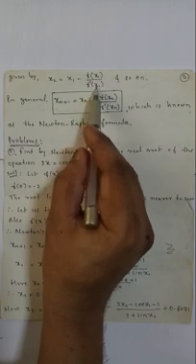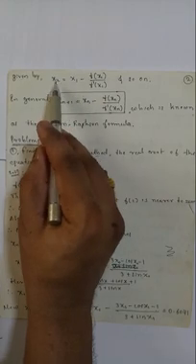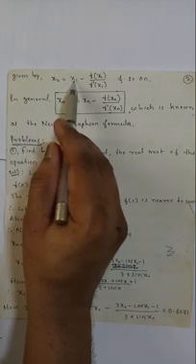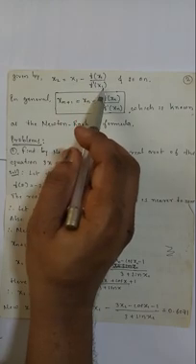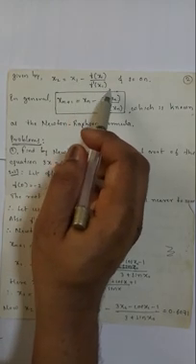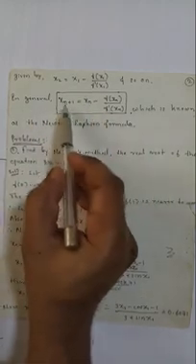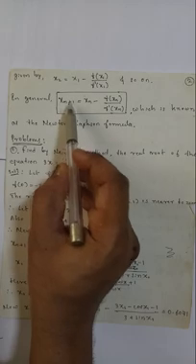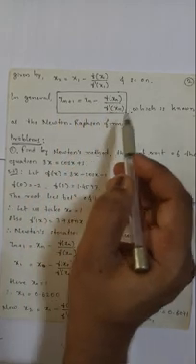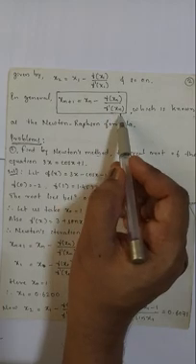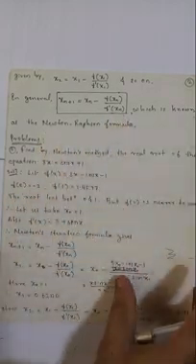Like that, to find x3 we use x2, that is x3 equal to x2 minus f of x2 divided by f dash of x2. Like that we continue to get a better approximation. So the general formula is xn plus 1 equal to xn minus f of xn divided by f dash of xn. This is known as the Newton-Raphson formula.